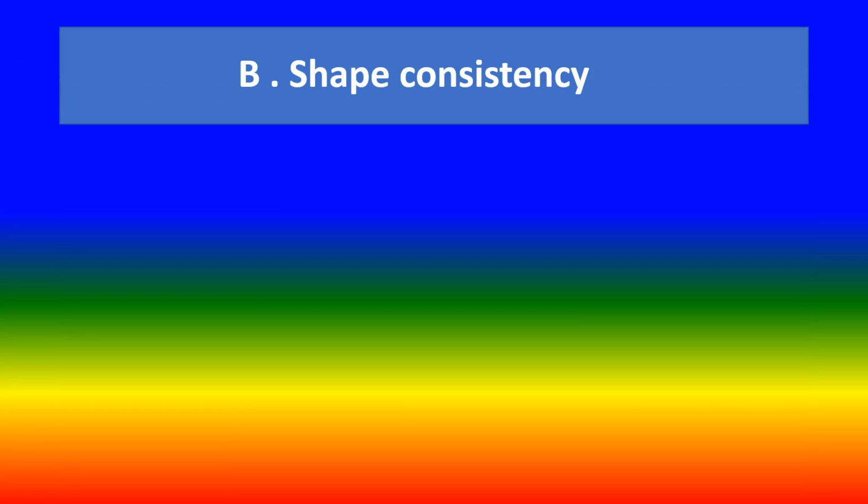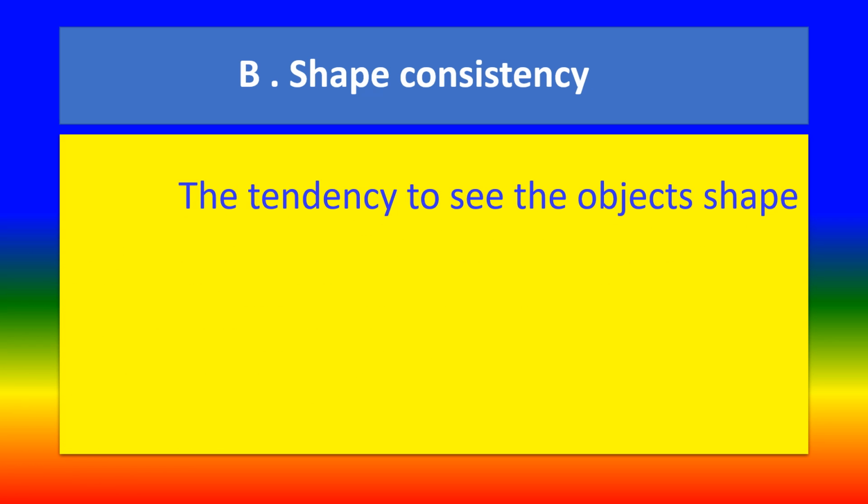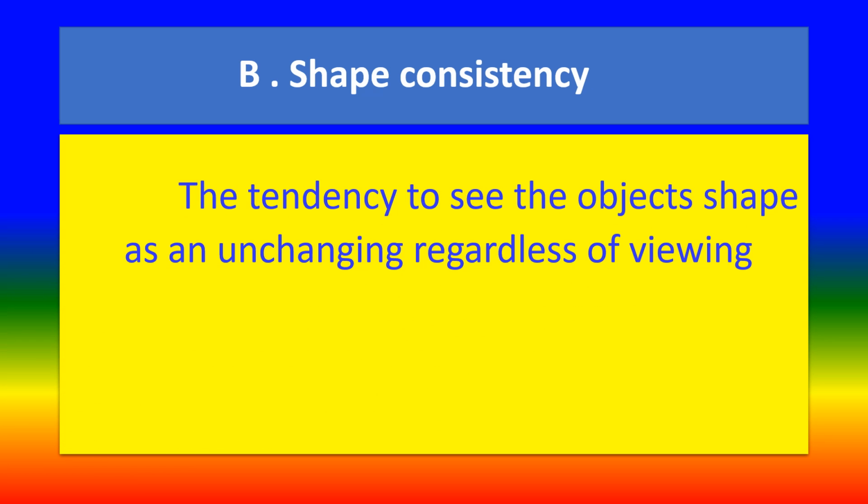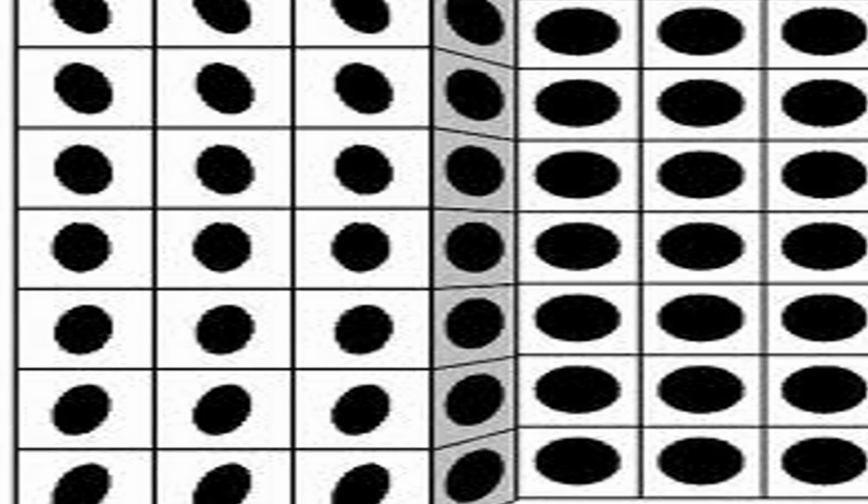B, shape consistency. The tendency to see the object's shape as unchanging regardless of viewing angle. Look at these pictures.